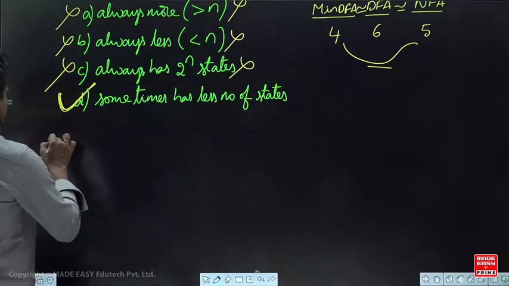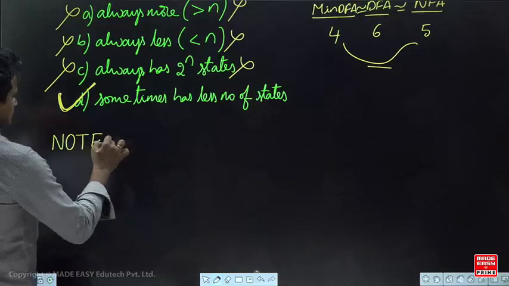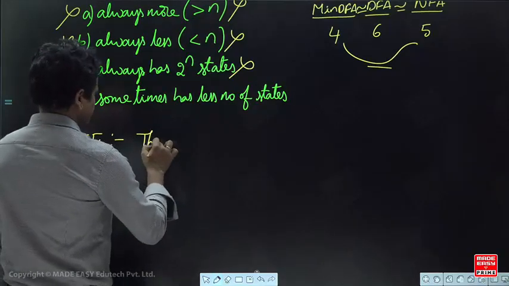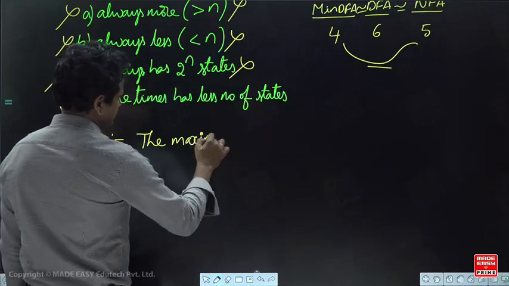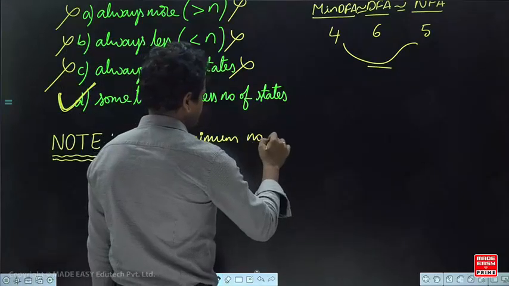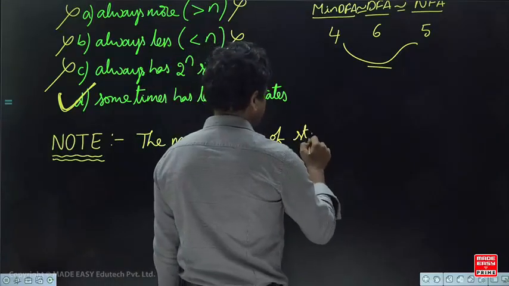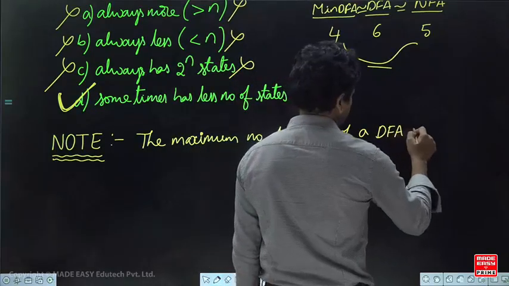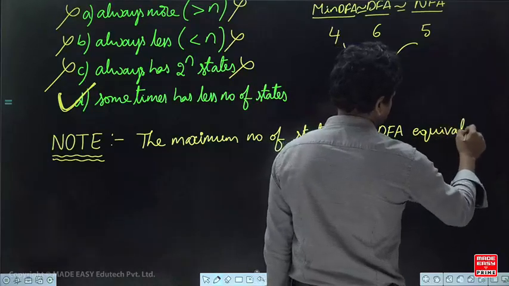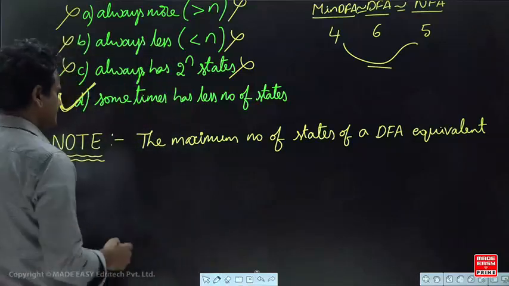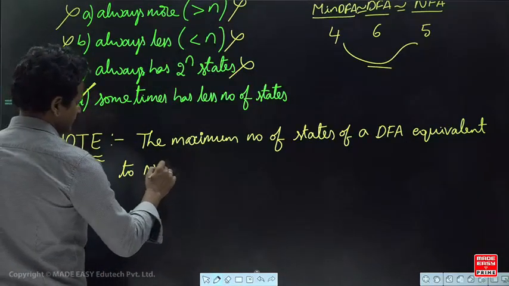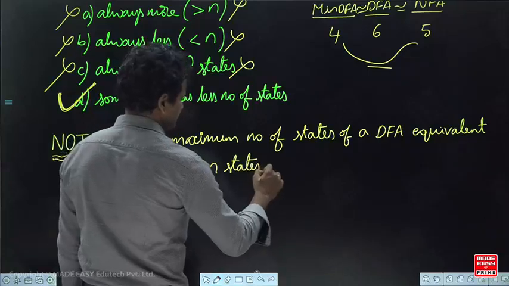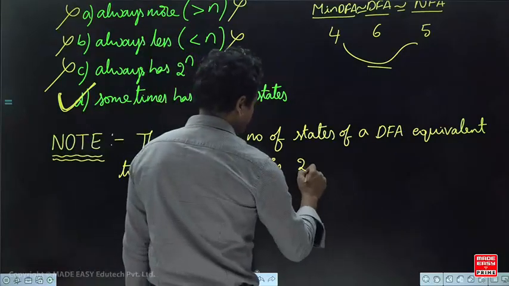Now, take a note. The maximum number of states of a DFA equivalent to an NFA of n states is 2 to the power of n.